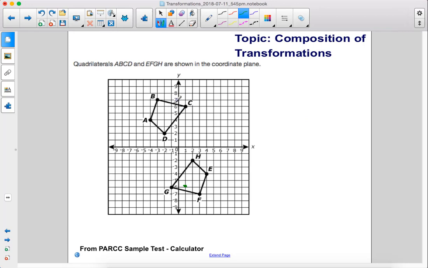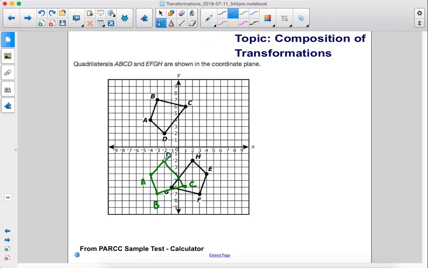All right, so first we're going to reflect this across the x-axis. So D moves there, A moves there, B will go down here, and then C will be over here. Okay, so here's our reflected figure. Now we're going to rotate this 90 degrees clockwise, so this way.